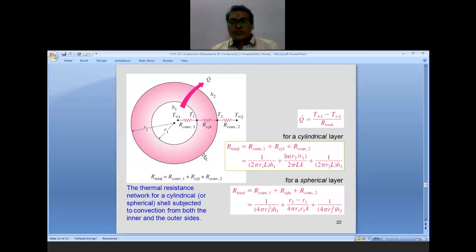And in case of a sphere, this becomes 1 upon 4 pi R1 square into H1, plus the conduction term with R2 minus R1. This is also related to the R for convection, R for sphere, and this is R for convection.